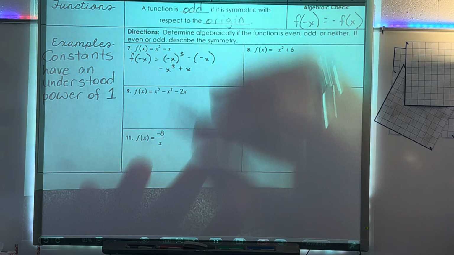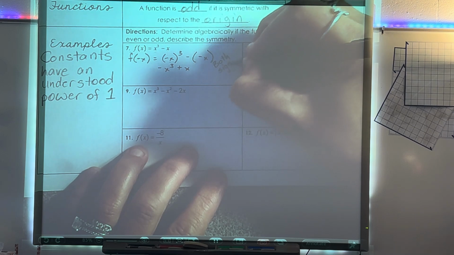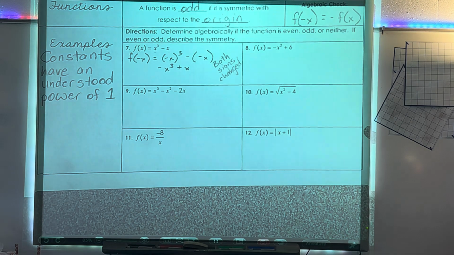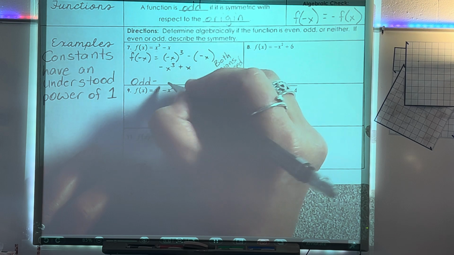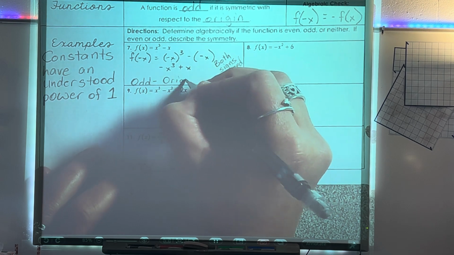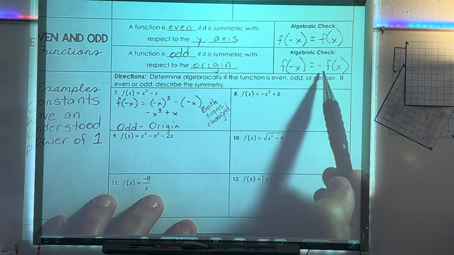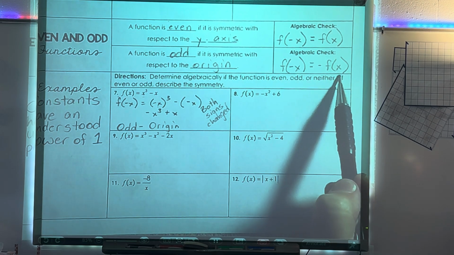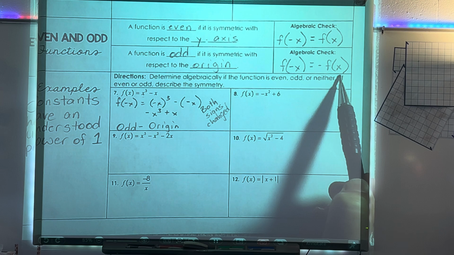Both signs changed. If everything changes, then it is an odd function and it is symmetric at the origin. That's what it means where it says f of negative x is equal to negative f of x: every single piece of the function changes signs when I plug negative x in place of x. You have got to use parentheses here, or you'll mess this up.